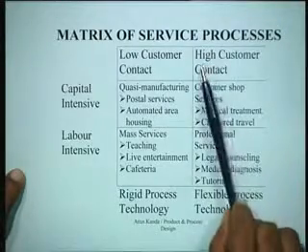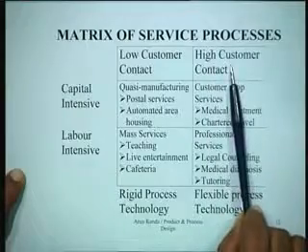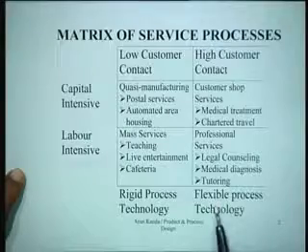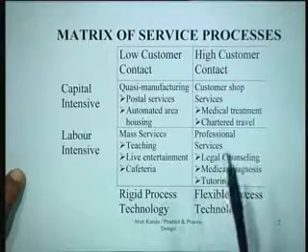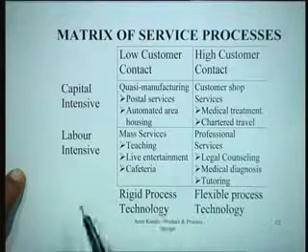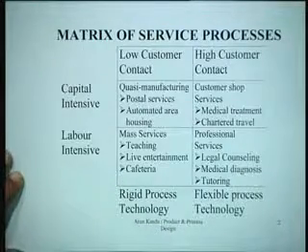Whenever you are dealing with high customer contact, the technologies that you adopt have to be more flexible to meet the requirements of different customers, whereas here you can afford to be a little more rigid. So this matrix actually gives us an idea of different types of service processes and how exactly they can be designed.